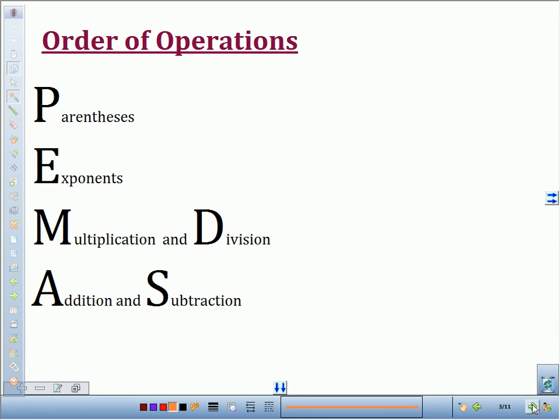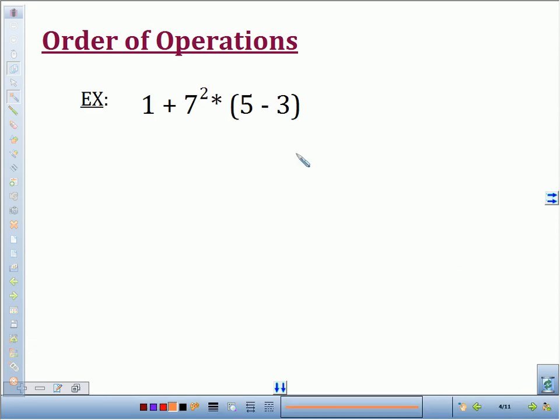All right, let's give this a shot. We're going to use PEMDAS to evaluate this numerical expression. I have 1 plus 7 squared times 5 minus 3 in parentheses. All right, the first step would be parentheses. So we have to start with our parentheses. That's these guys here.